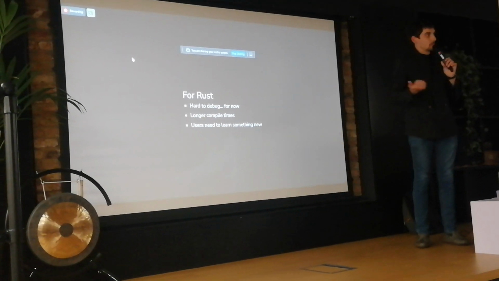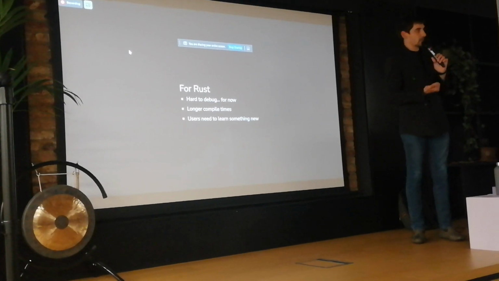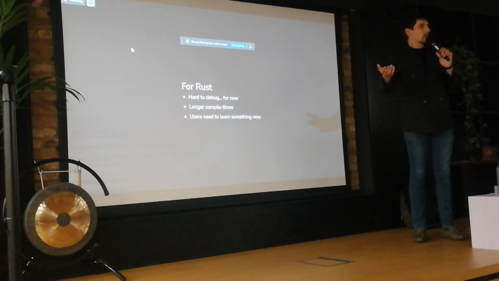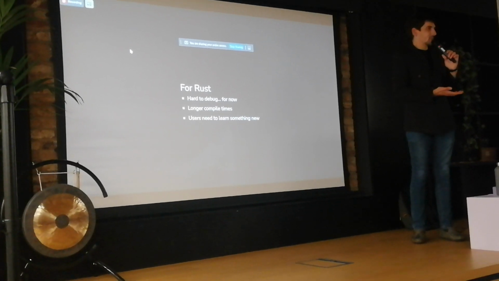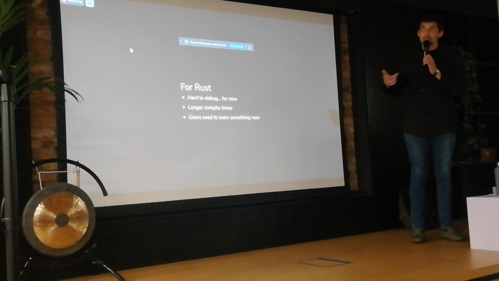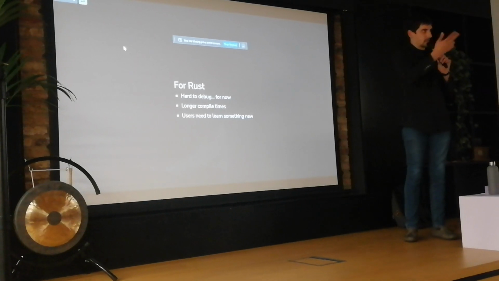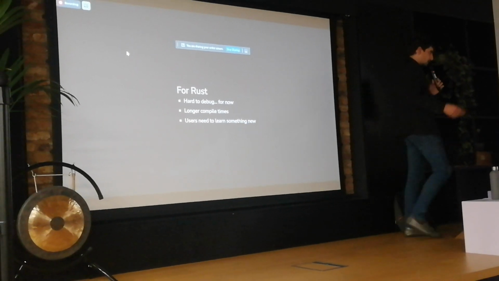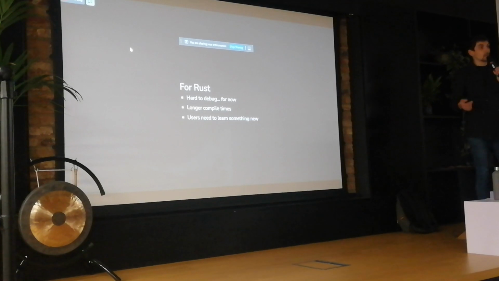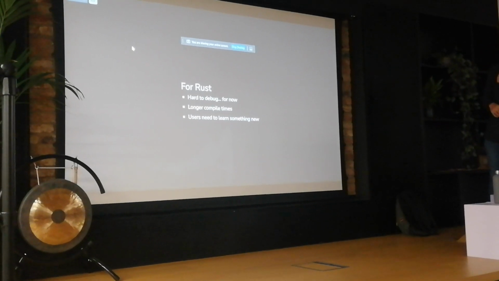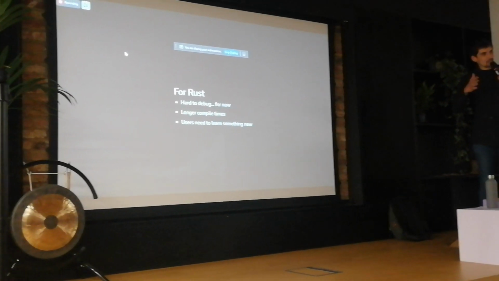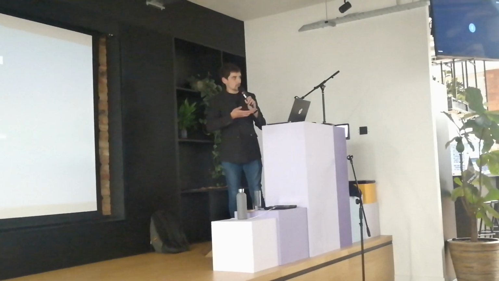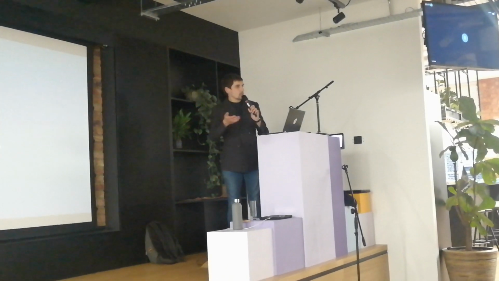The third problem, users usually have to learn something new. There's Rust, but then you might have to learn a new DSL, domain specific language, to understand this new thing that you're interacting with. Luckily, Rust kind of has converged into this convention where everyone uses the same thing.